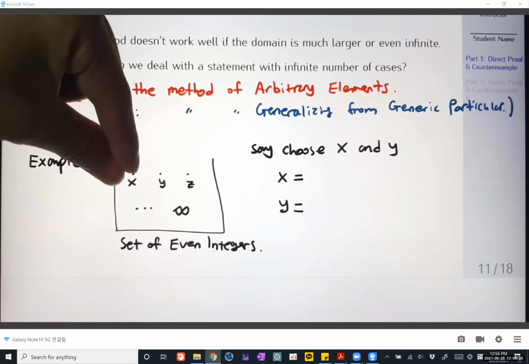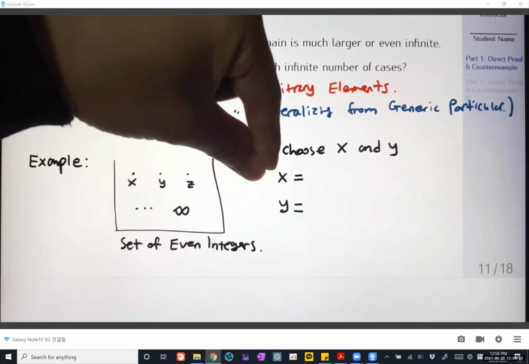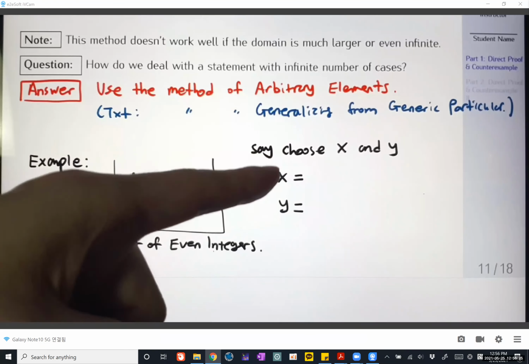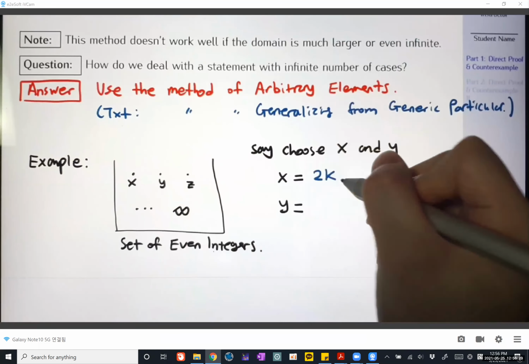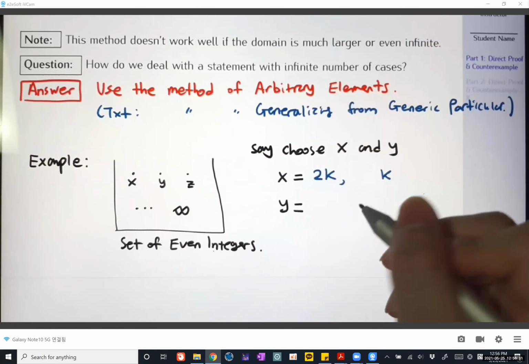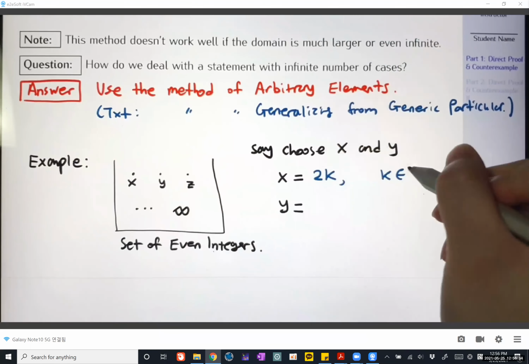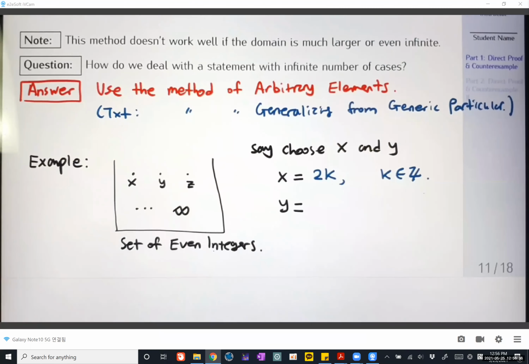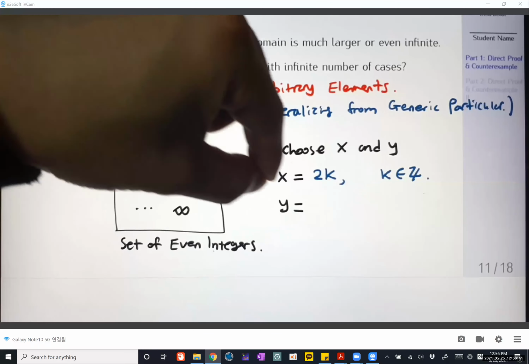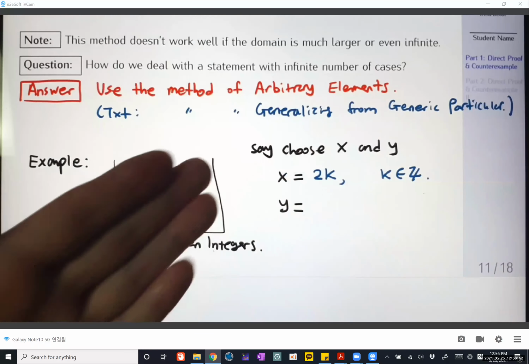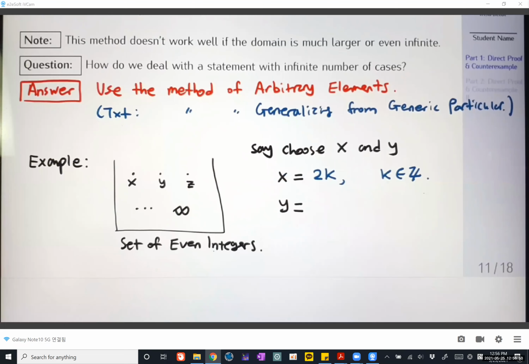You chose X in the set of even integers, so X must have this kind of DNA, 2 times K, where K is some integer in Z. How about Y? You picked a Y from the set of even integers, and Y also has a similar DNA. Can anyone tell me what would be the expression of Y? If you're wrong, that's okay. Just be confident.